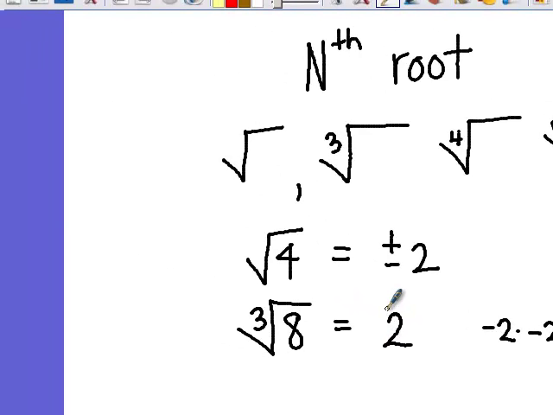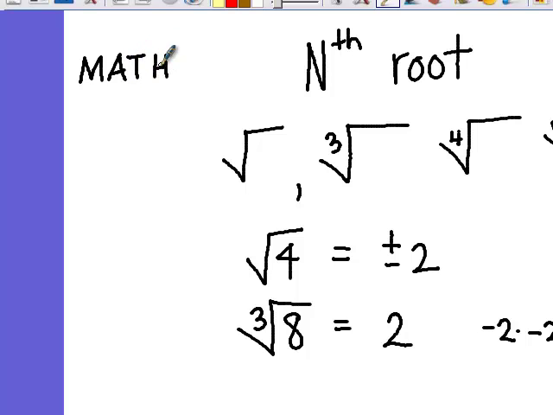And there is also a key in your calculator that you'll need to know how to use for this. For now, I want you to write down these steps on how to get a different root in your calculator other than the square root. Those buttons are math.